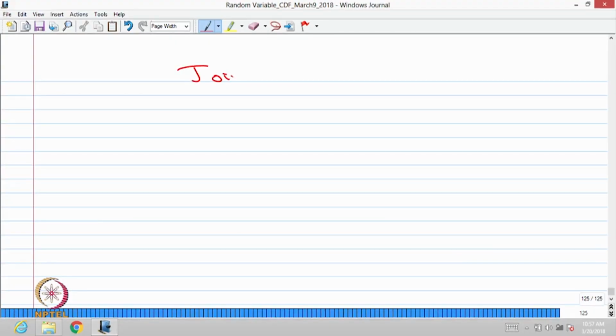Then we started discussing joint probability mass function whenever the underlying random variables are of the discrete type. That means we have an n-dimensional random vector with each random variable of the discrete type. Now we are coming into joint probability density function.